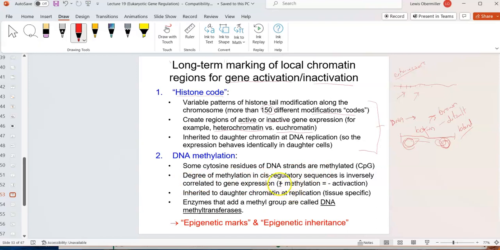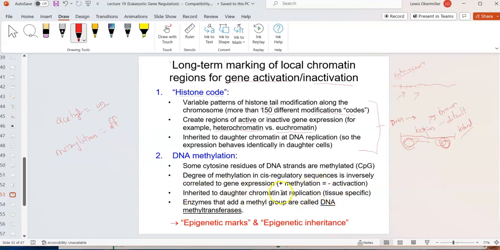In other words, as we increase methylation, it decreases gene activation. So this is different. Acetylation turns the genes on, right? It relaxes them. Methylation turns the genes off. And so as we do more methylation, we get less activation of expression.